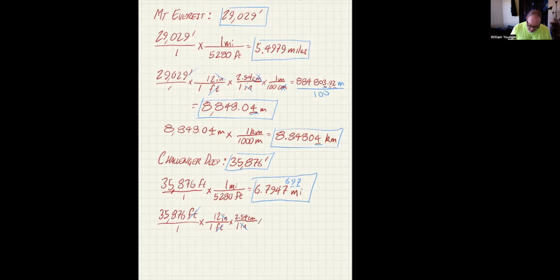So I'm going to say times, since I'm on centimeters, I know that 100 centimeters has to go in the bottom. 100 centimeters is equal to 1 meter. So again, as I told you before, we're just going to multiply all the numerators, get a new numerator, multiply all the denominators, get a new denominator, and then do division. And with this, you can see the ultimate unit left is just a meter on top and no unit on the bottom.